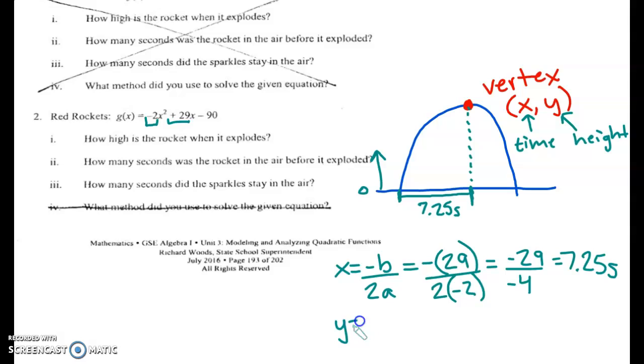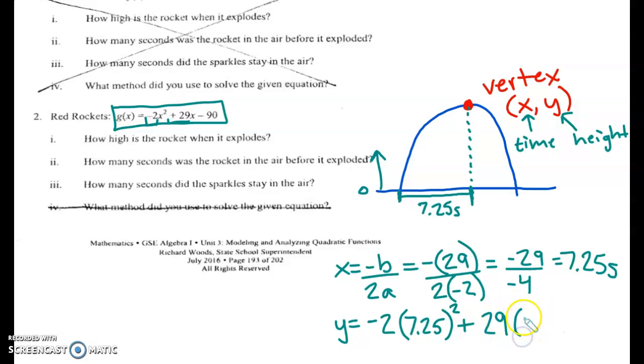So let's go ahead and find the y. How do you find the y? Remember, you plug it back into the original function given to you. So y equals negative 2 times 7.25 squared plus 29 times 7.25 minus 90. I'm just going to throw all this in my calculator at one time.